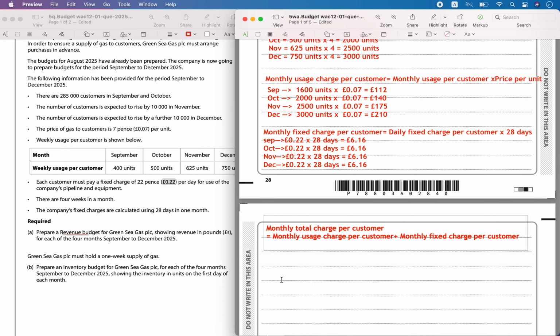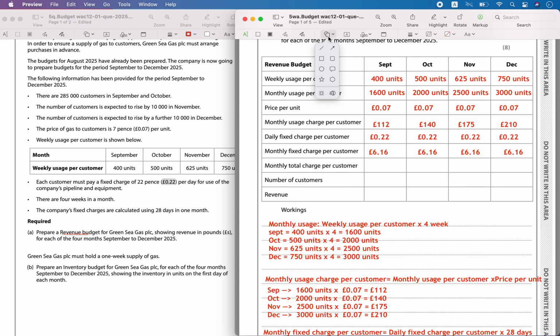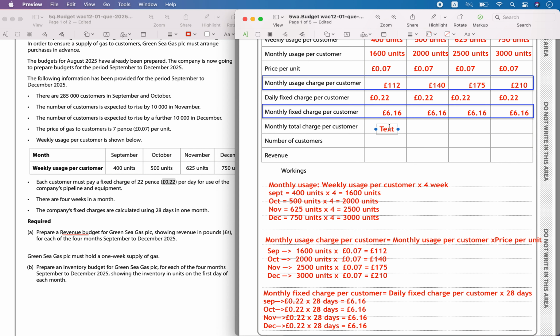For September, it is 112 pounds plus 6.16 pounds, which is equal to 118.16 pounds.